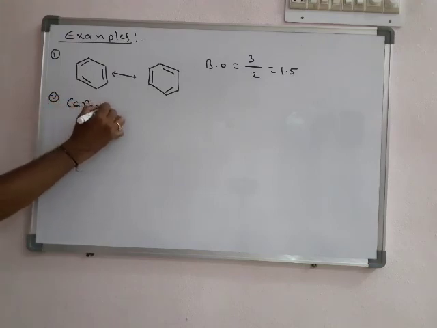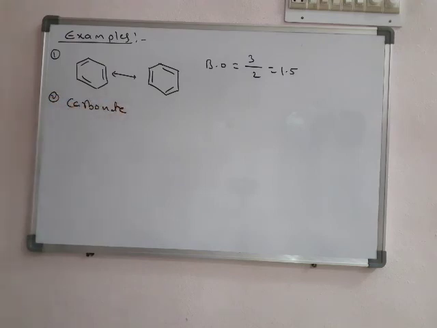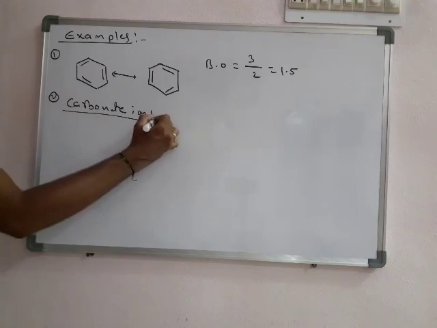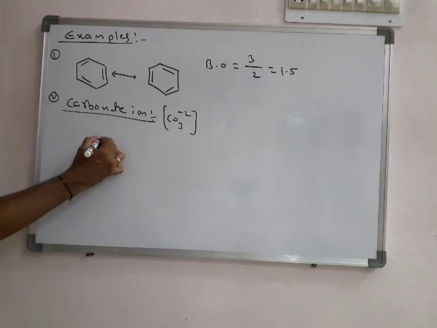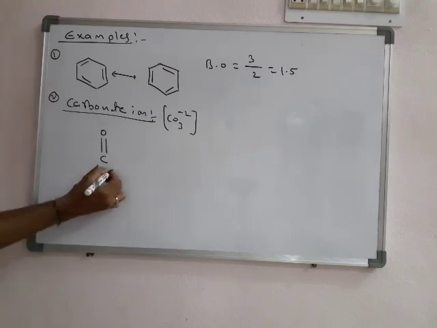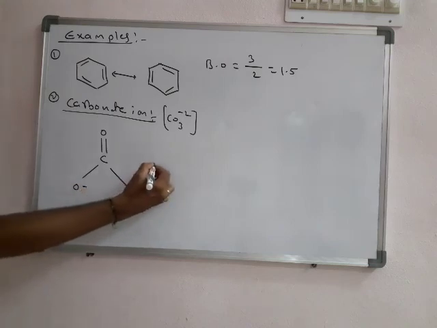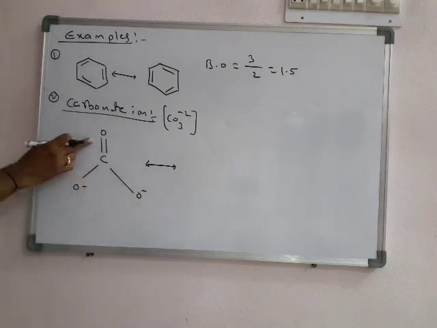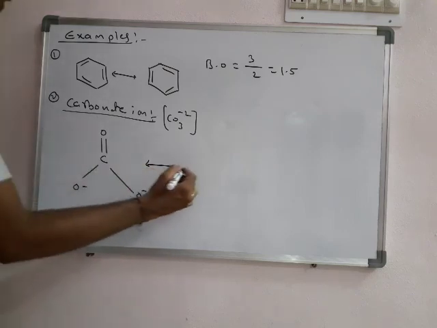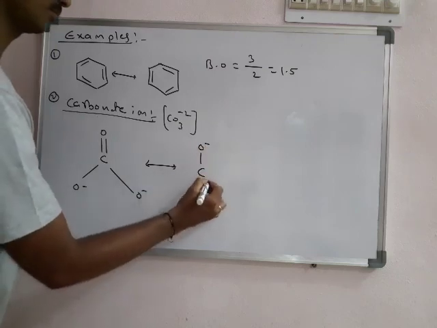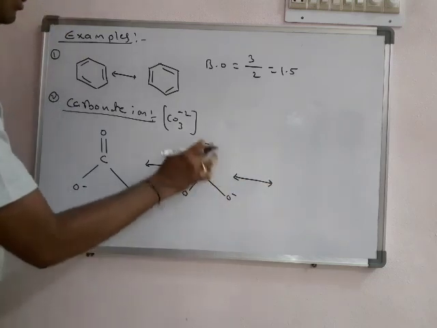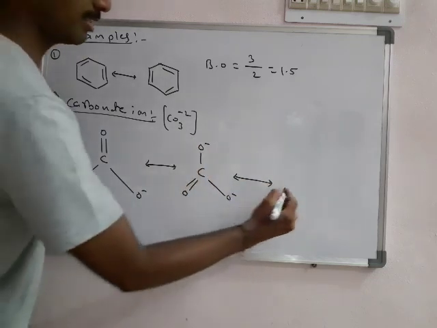Next, one more: the carbonate ion. What is the formula? CO3 2 minus. It also exists in 3 types. This is one type of structure. Next, due to the change in the double bond, the double bond shifts. No change in the position of atoms. The position of the pi bond changes, with a difference in length over the sigma bond.